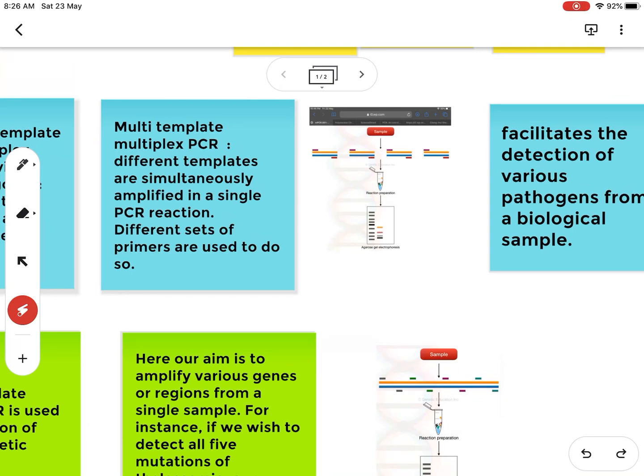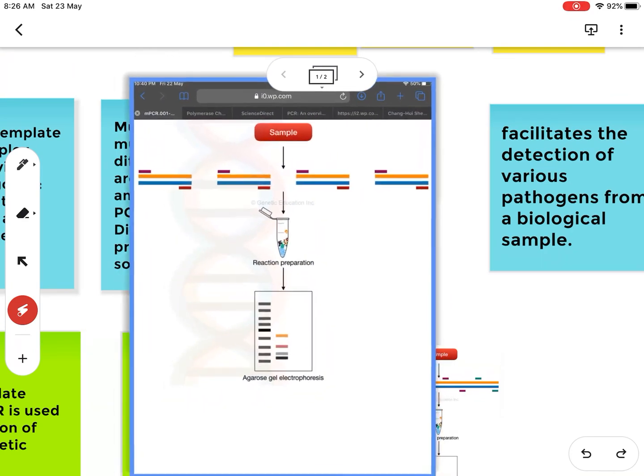So this is the diagrammatic representation for both these types of PCR technique.